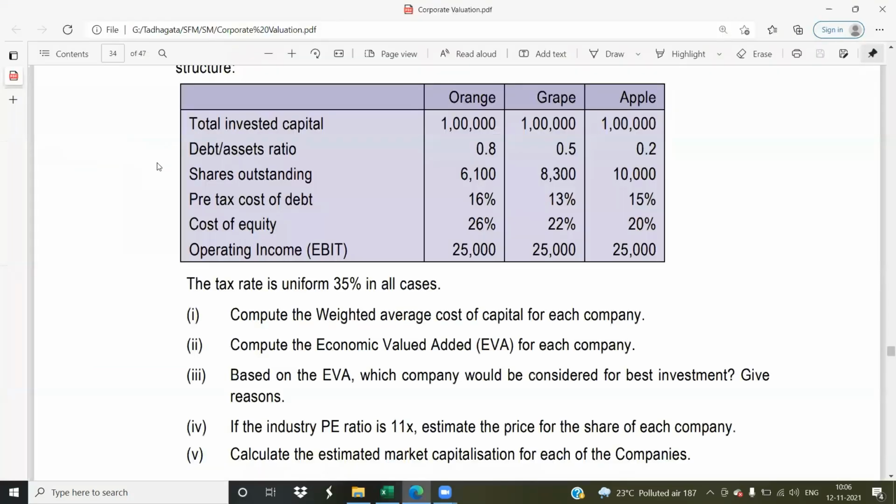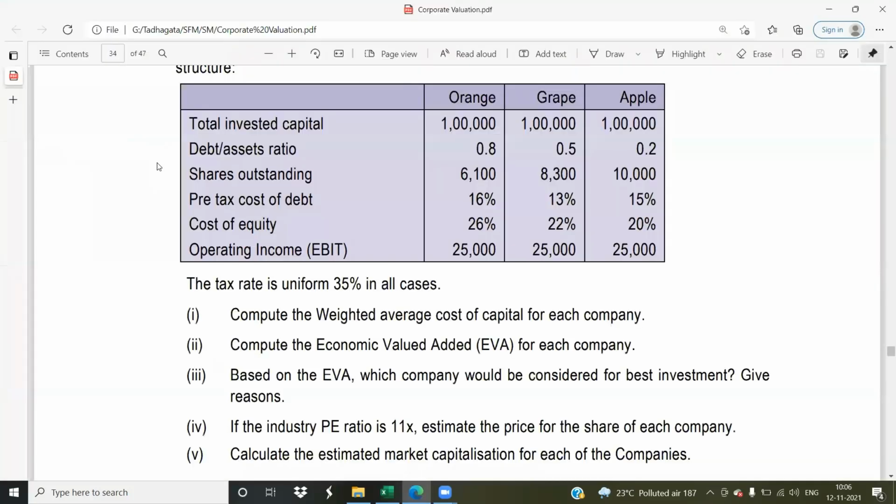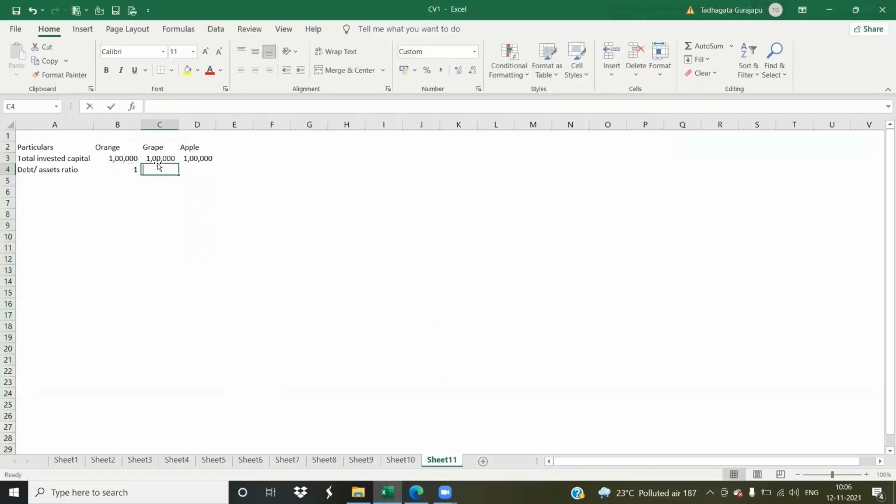Next, debt by assets ratio, that is 0.8, 0.5, 0.2.